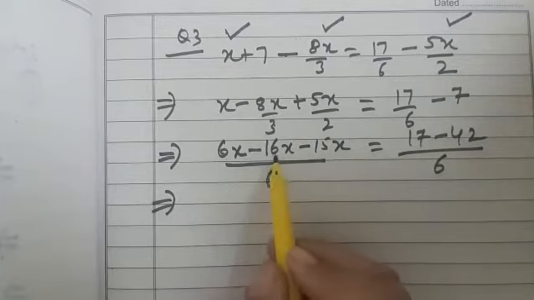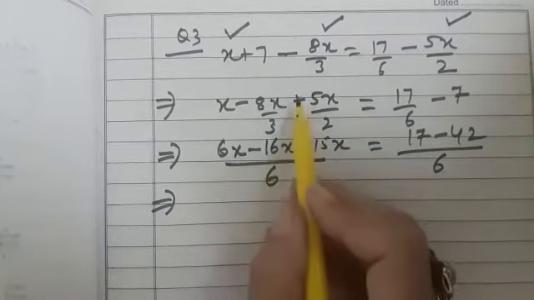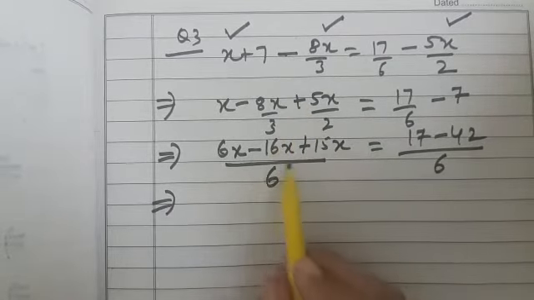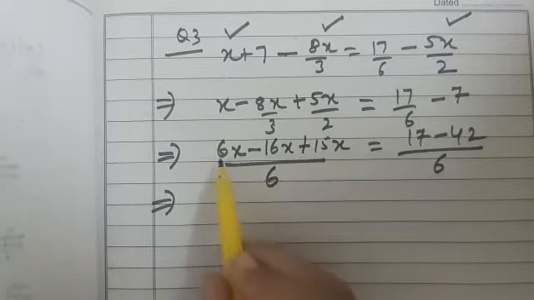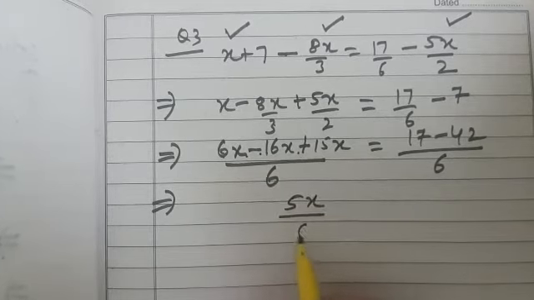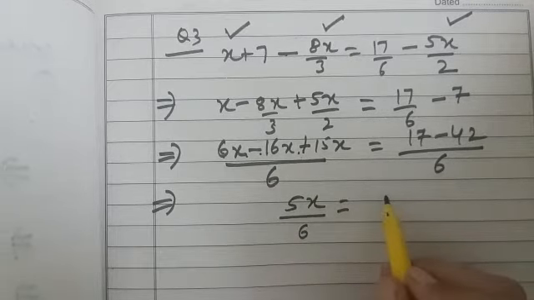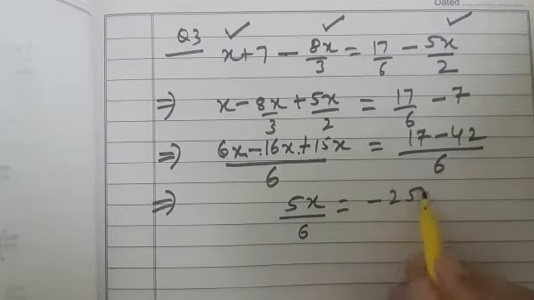Yes, when we simplify this, this is plus sign. So minus 16 plus 15 gives us minus x. So 6x minus x, that is 5x upon 6 equals 17 minus 42 is minus 25.